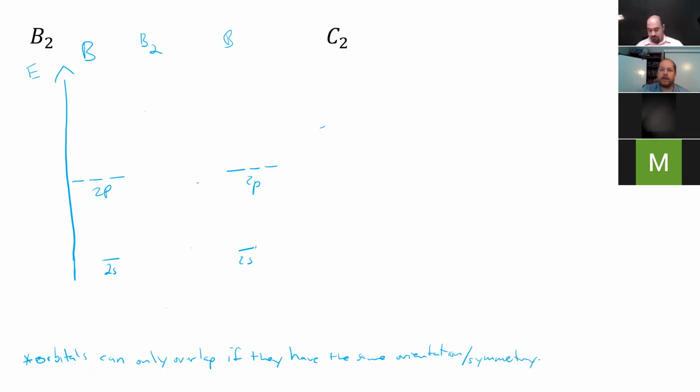And there's one other thing here, and that's about their energies, and they must be similar in energy.